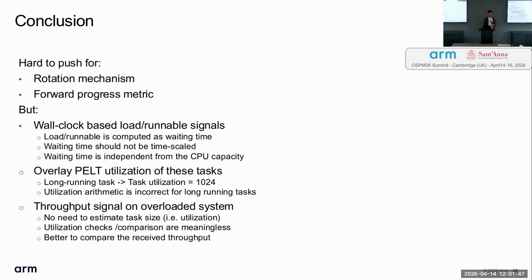Right now, it's only that after the task starts to run for a certain amount of time, which is effectively arbitrary and depends on the PELT half-life, right now maybe between 50 and 60 milliseconds, we consider that the PELT utilization values are a bit meaningless.